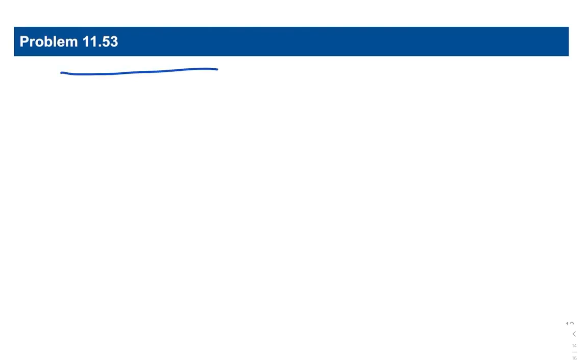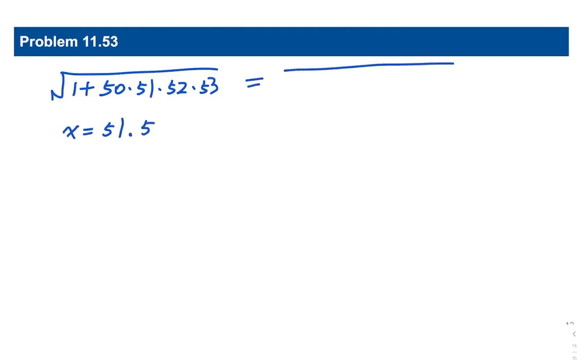Determine square root of 1 plus 50 times 51 times 52 times 53. Let's assume x equals 51.5. Then this quantity is square root of 1 plus x minus 1.5, x minus 0.5, x plus 0.5, x plus 1.5.